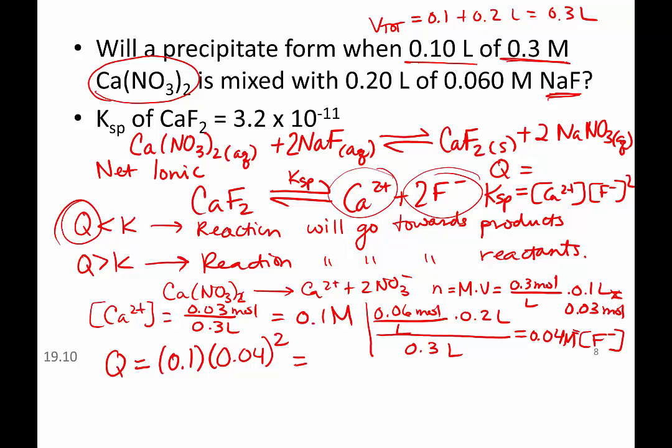And if we calculate that, we get that Q is equal to 1.6 times 10 to the negative 4th. So Q is 1.6 times 10 to the negative 4th. K is 3.2 times 10 to the negative 11th. So we can see that Q is much less than K.